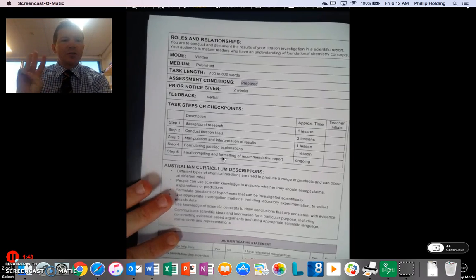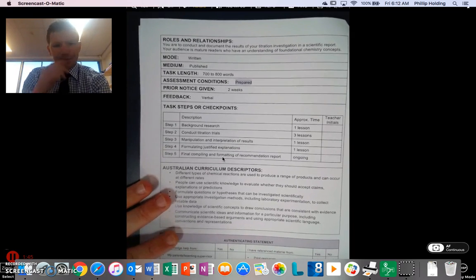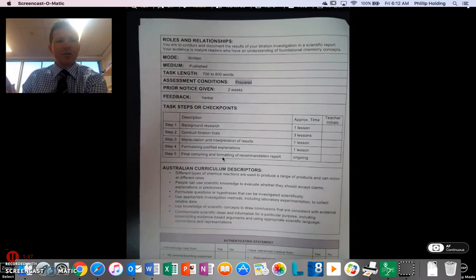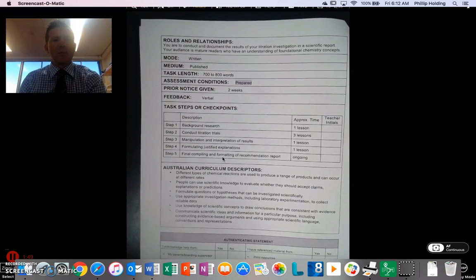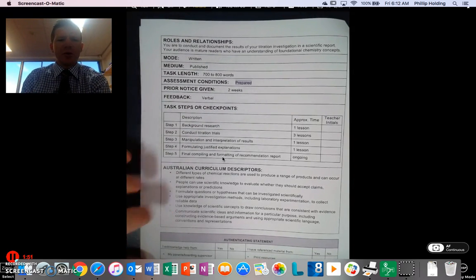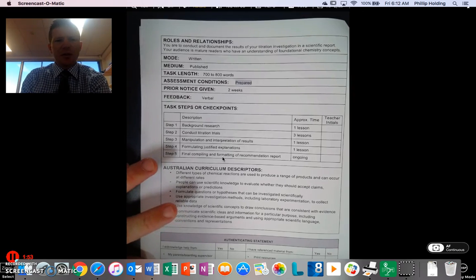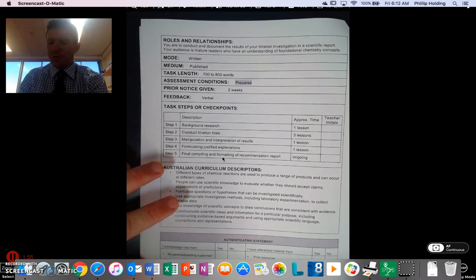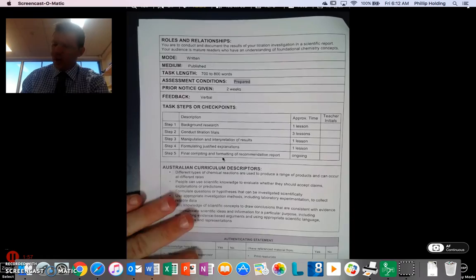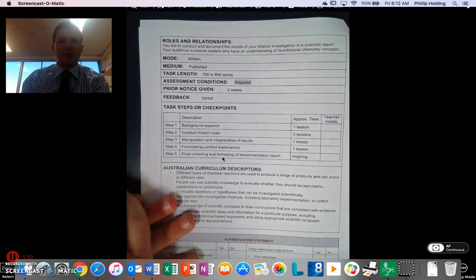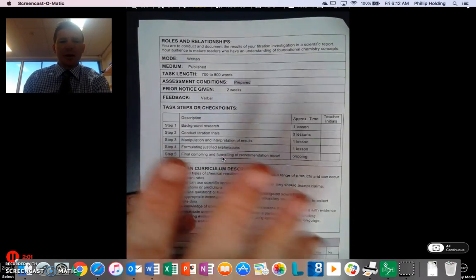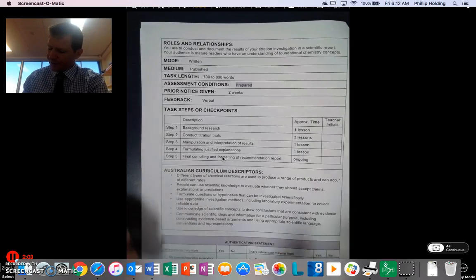You'll have 3 lessons to do the titration, because you're doing 3 sets, 3 different unknown samples, and you'll have 3 lessons to work through that. Now, some of you might finish that early, and that's fine. Others might use the full 3 lessons, and that's fine too. And then we'll go through and manipulate the results, and we'll talk about that and go from there.